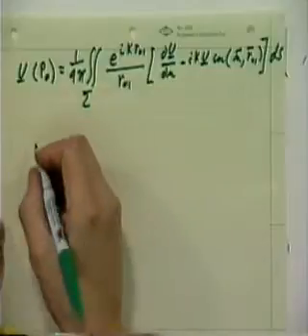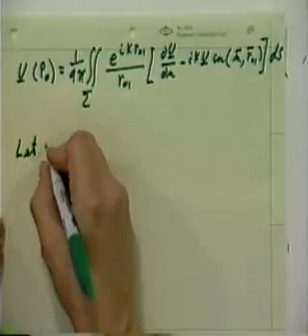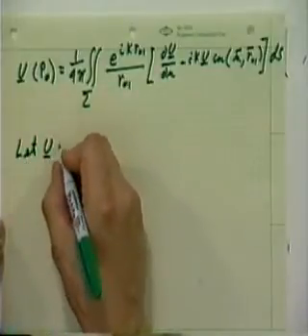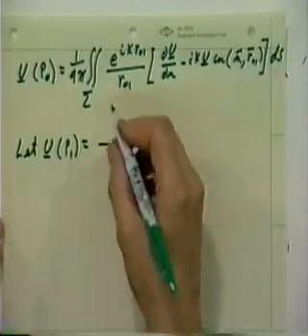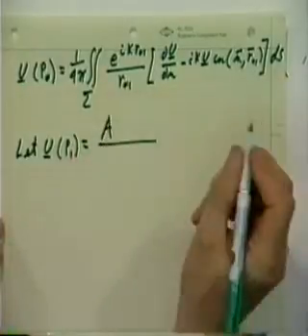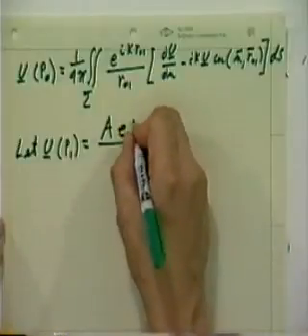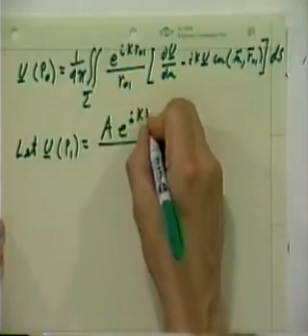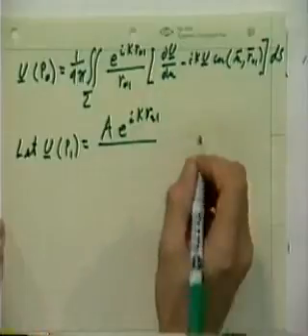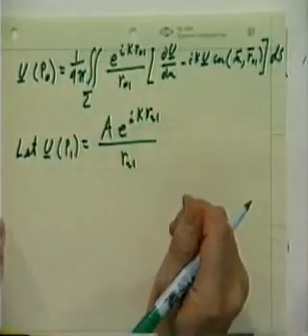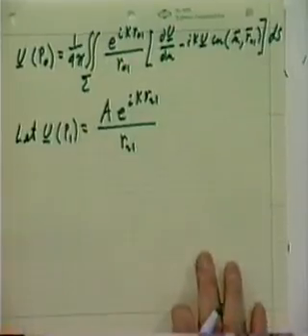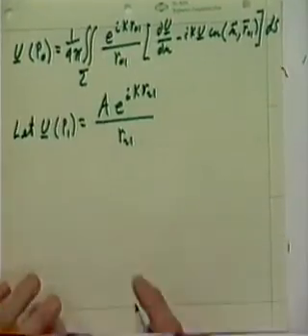But let u of p1 be the spherical wave, amplitude A, e to the ikR21 divided by R21. And maybe I need to do a drawing here again.